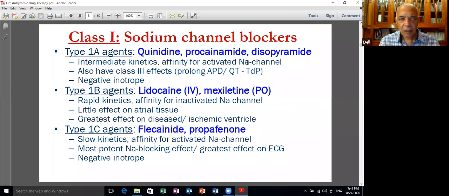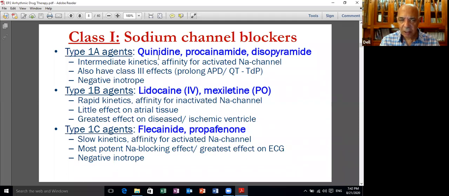If we are going to detail class 1, it includes class 1A: quinidine, procainamide, and disopyramide. They have intermediate kinetics. What does this mean? These drugs attach to the channel, which is the receptor of the drug, and then they detach. If they attach slowly and detach slowly, this means it's slow kinetics, so it cannot be detached easily.